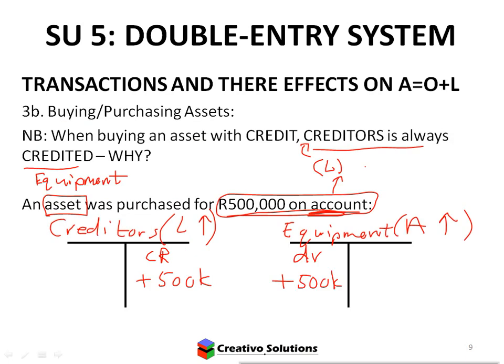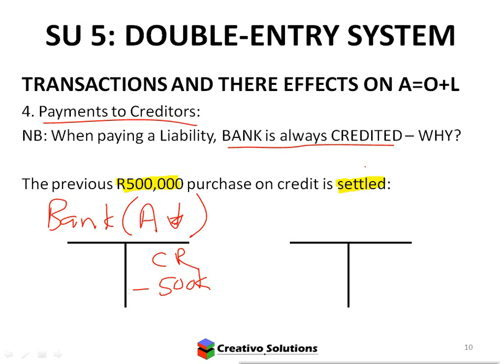You bought from someone, now you need to pay them. Do you agree? So who do I pay? I pay the creditor. Creditors is what type of account? A liability. If you're paying a creditor, are you going to owe them more or owe them less? You're going to owe them less. Where do liabilities decrease? Look at your 6 rules. Debit side. And that's why you've got debit minus 500,000. Is that okay?